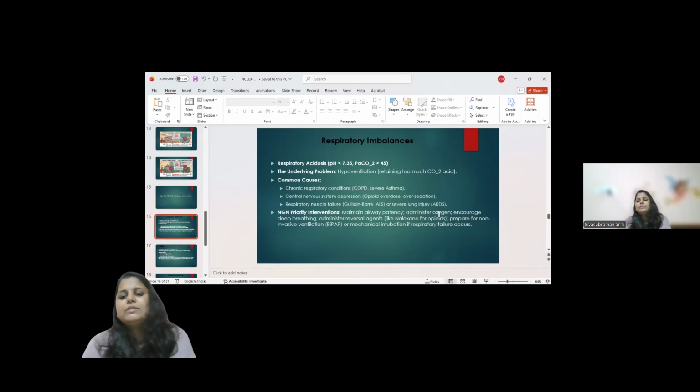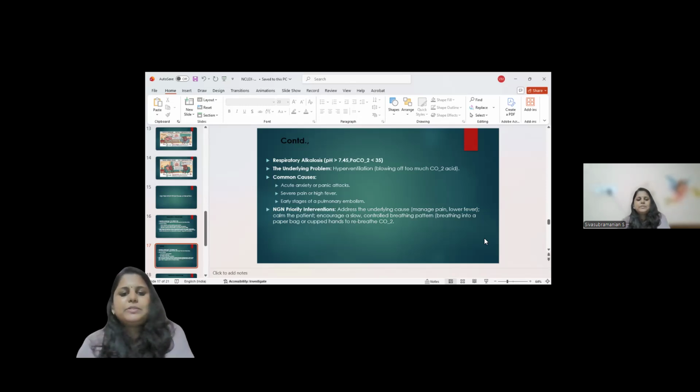So we need to administer oxygen, encourage the patient to take deep breaths, and administer the reversal agent in case of opioid overdose or sedation overdose. Then we have to prepare for non-invasive ventilation in case of COPD. So for COPD, first consider non-invasive ventilation like BiPAP, or mechanical intubation in case of severe respiratory failure or ARDS. Is that clear?